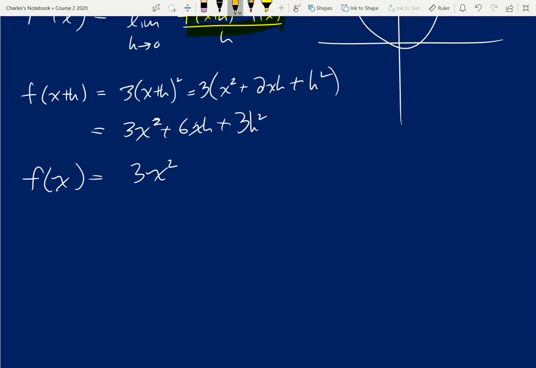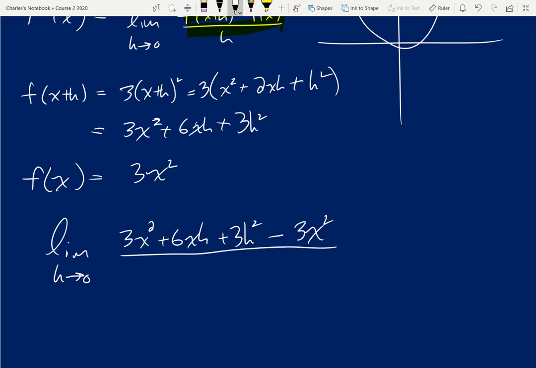So now if I set this up, I get the limit as h approaches 0 of 3x squared plus 6xh plus 3h squared minus 3x squared divided by h.